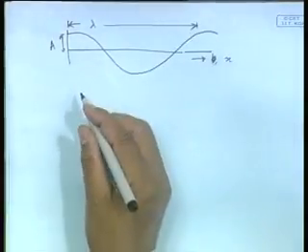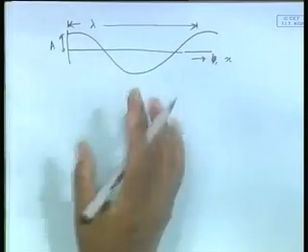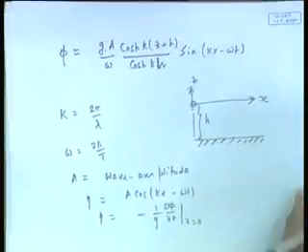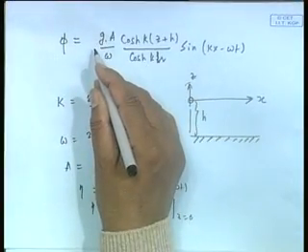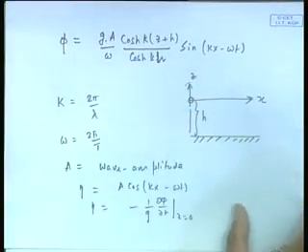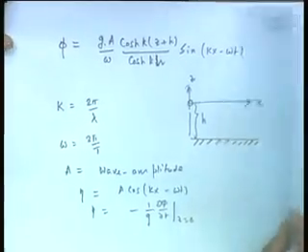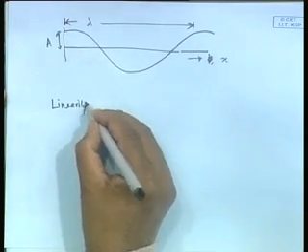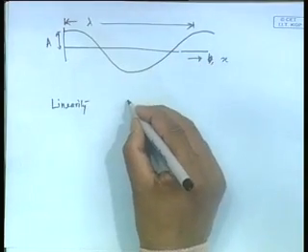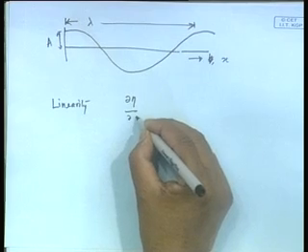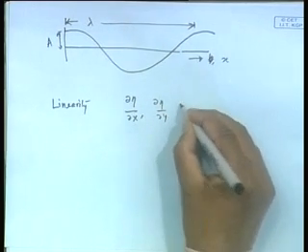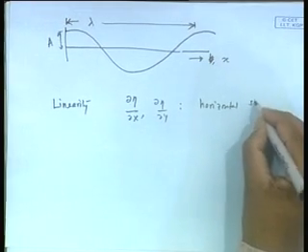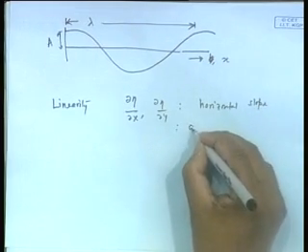What it means, therefore, is that according to the theory, we have already made an assumption of smallness of the amplitude with respect to length. In evolving this theory we had made an assumption of linearity. The word linearity implies here physically that its slope, that is d eta by dx, d eta by dy, its horizontal slope, is assumed to be small.